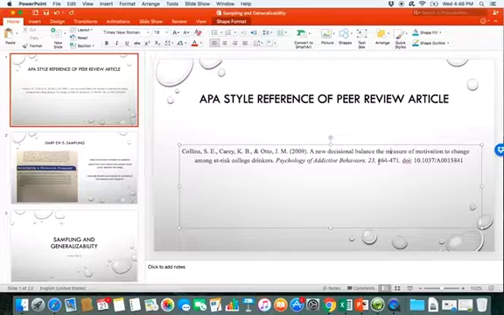Okay, so an issue has a page range. And sometimes they start from 1, and sometimes they don't start from 1. Sometimes they start from page 400, because it's just a continuation of the last issue, same volume.